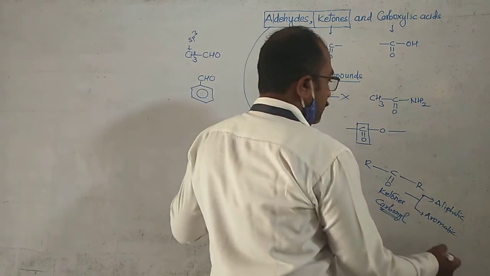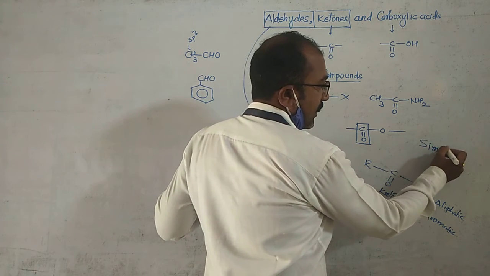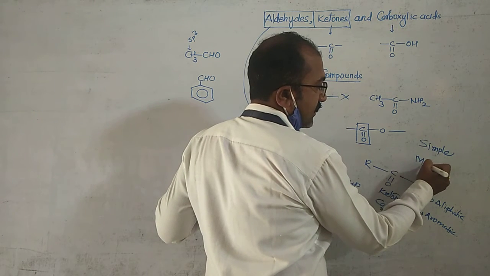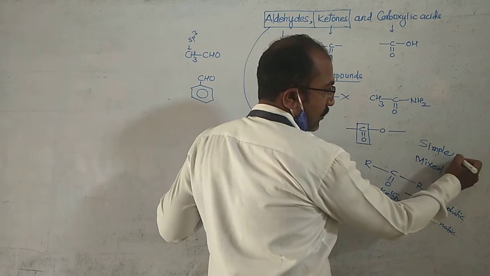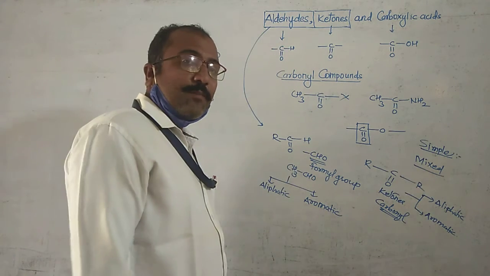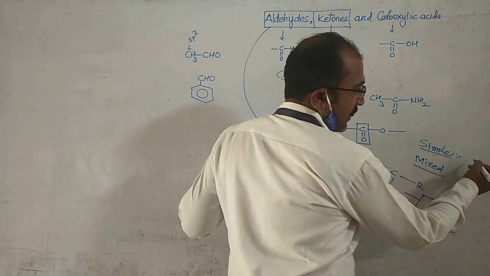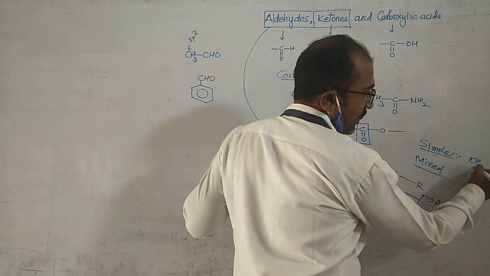Again, aliphatic ketones are further classified into two types, that is, simple ketones and mixed ketones. Simple ketone means the ketone in which the carbonyl carbon is attached to the same alkyl groups in the molecule, then such ketones are called simple ketones.